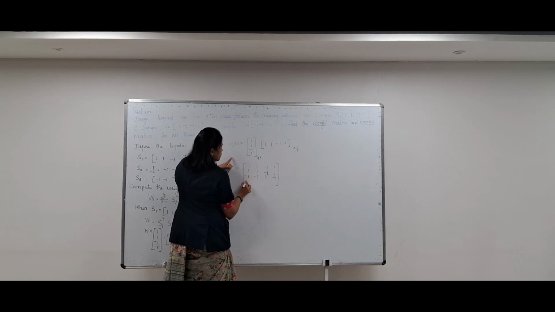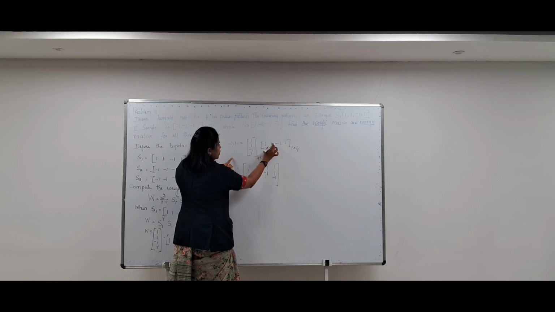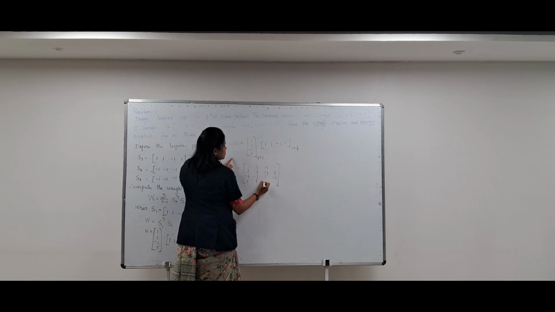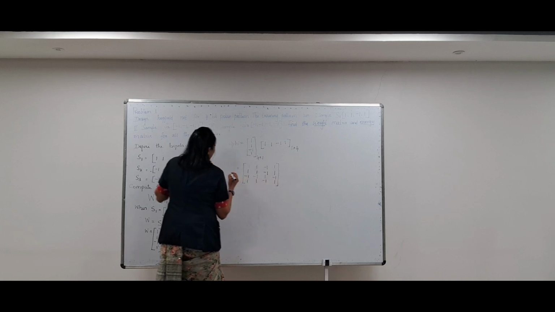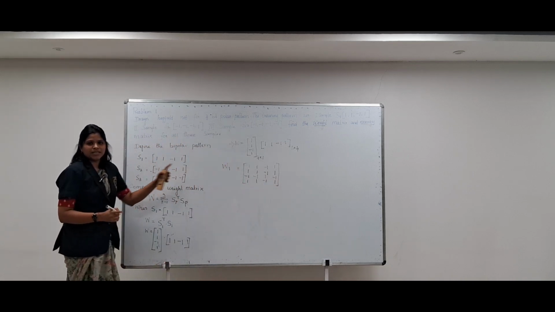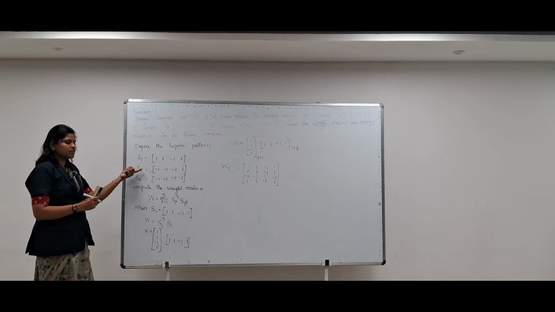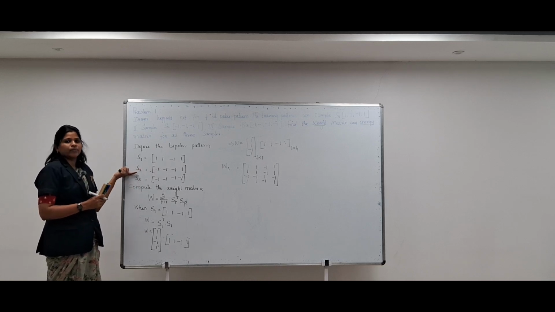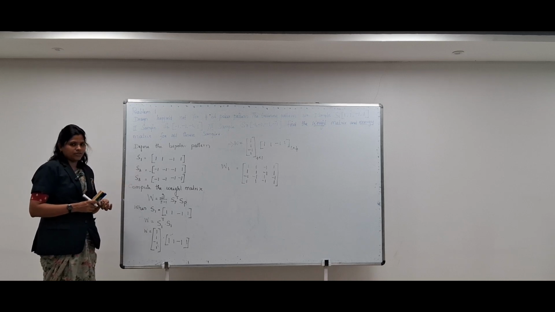The last row: 1 into 1 is 1, 1 into 1 is 1, 1 into minus 1 is minus 1 and 1 into 1 is 1. So this is W1. Clear? Similarly, we should compute the weight for the samples S2 and S3.